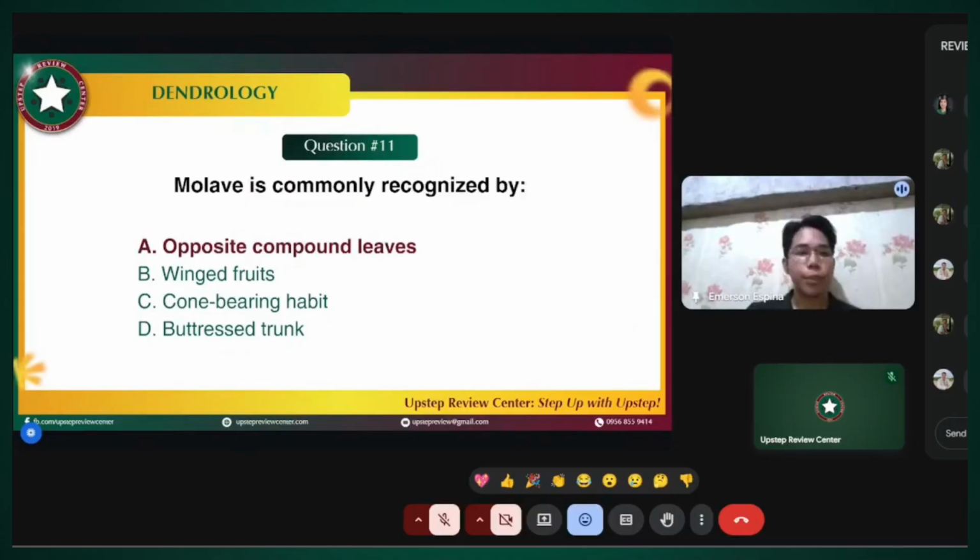The correct answer is letter A, opposite compound leaves. So whenever you see opposite leaves, think immediately of one of the options, Molave. And then again, to avoid the exam trap, Molave and Narra are often confused when it comes to the characteristics. The main distinguishing factor for both species would be that Molave has opposite leaves, and Narra has odd pinnate compound leaves. Okay.